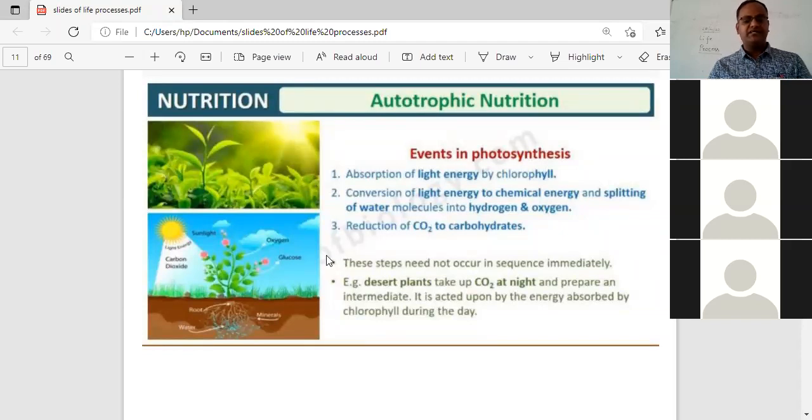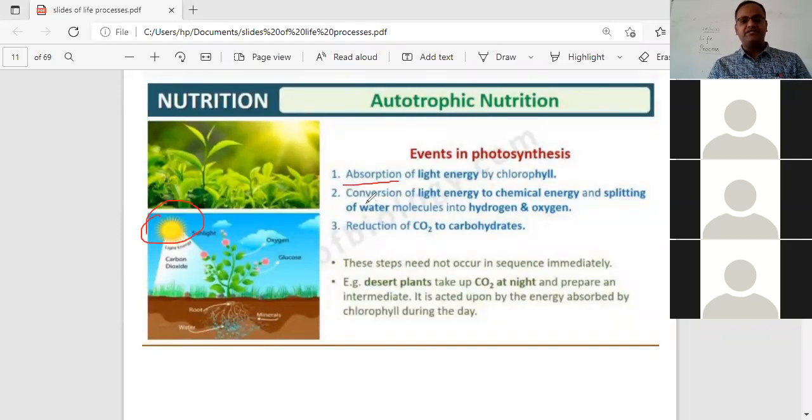You can very well see this in the figure, which is present along with this write-up part. Here in this image, you can see that sunlight is being captured by the chlorophyll pigment. The chlorophyll is present in the leaves of the plant. So the first basic event in the process of photosynthesis is the absorption of the light energy by the chlorophyll.